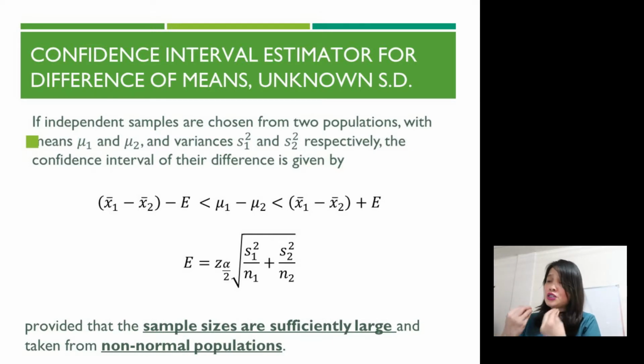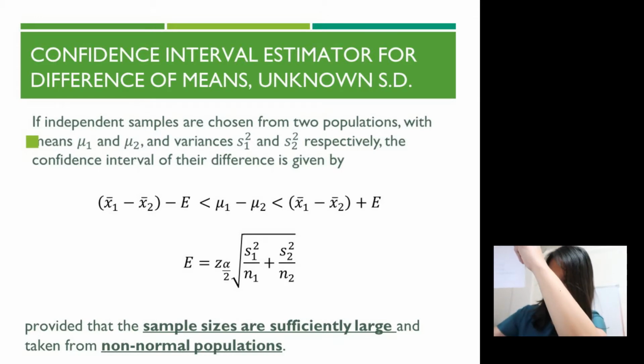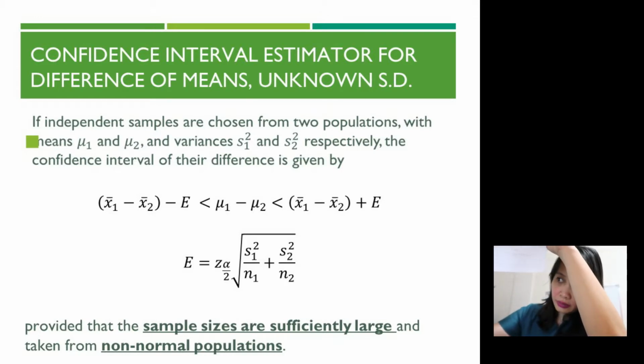So to solve for the margin of error, Z alpha over 2. Get your table. Still there. This one. Pareho pa rin naman yun. This table.